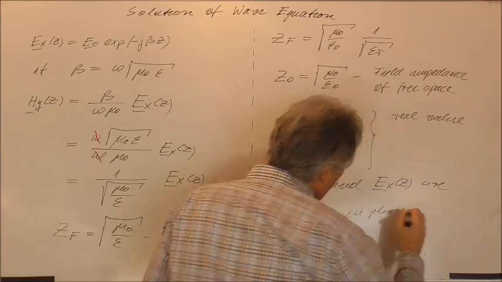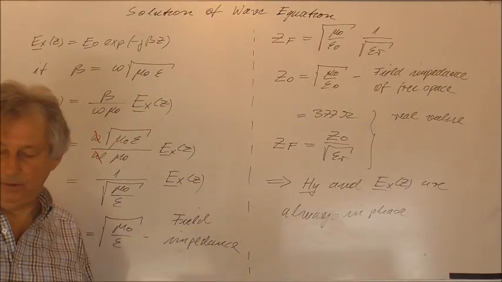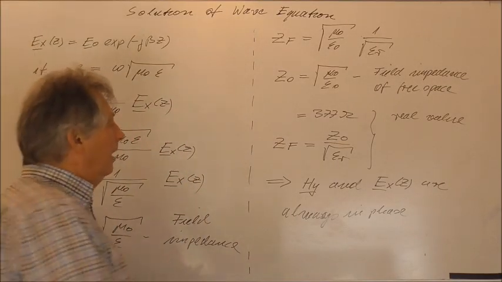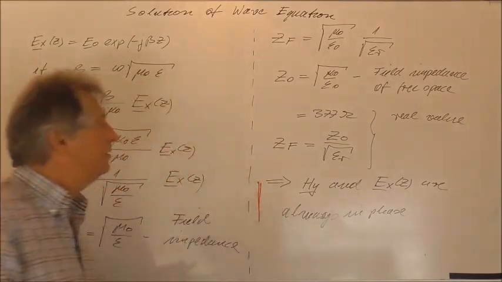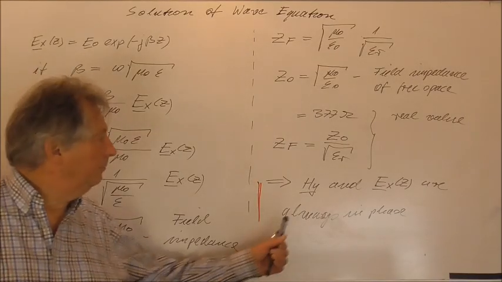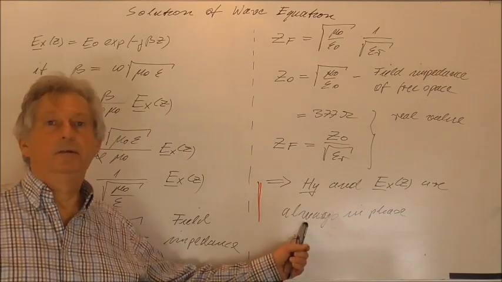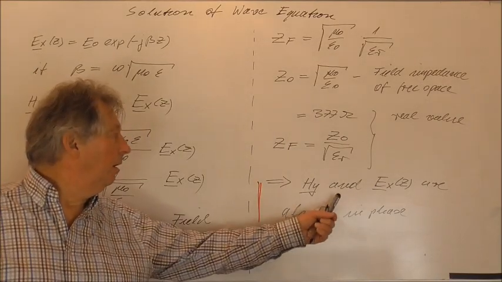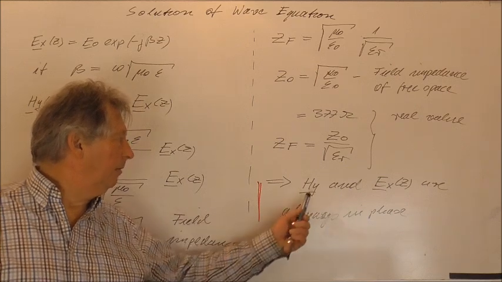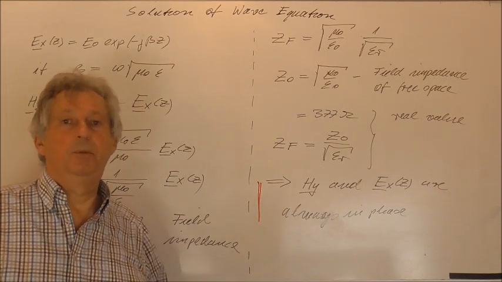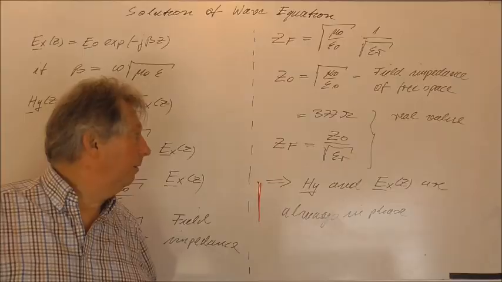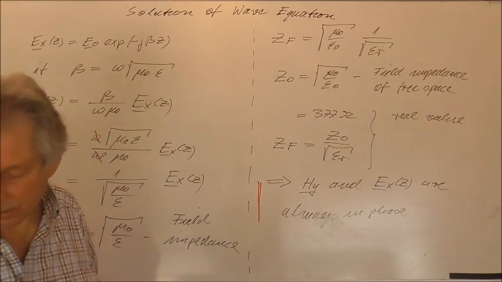So there will be no phase deviation between the magnetic field and the electric field in free space. And we will later on discuss the meaning of this expression for the space and time functions.